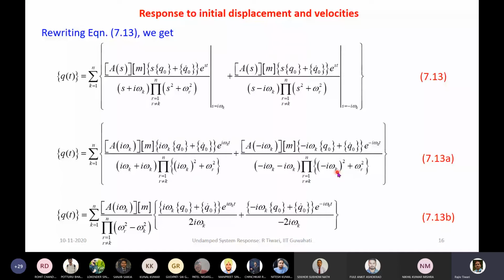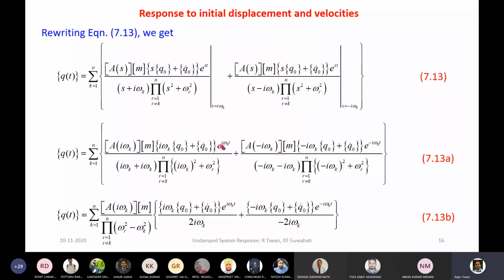This will be positive, this will be negative. Yeah, because the square of negative will be negative and the square of I will be negative. So this and this will be the same, and this has been taken out. This quantity is twice I omega k that remains inside. This quantity is twice minus I omega k that remains here.